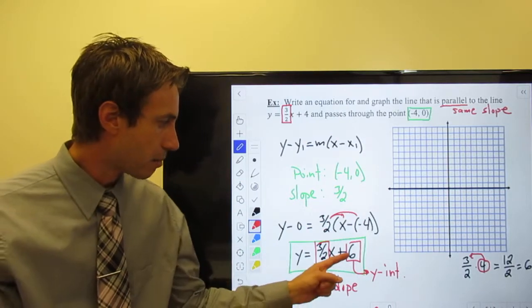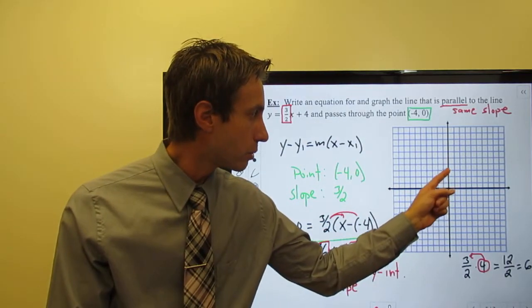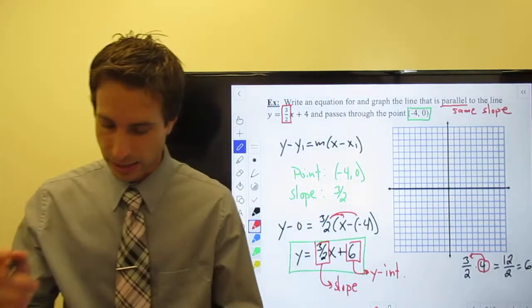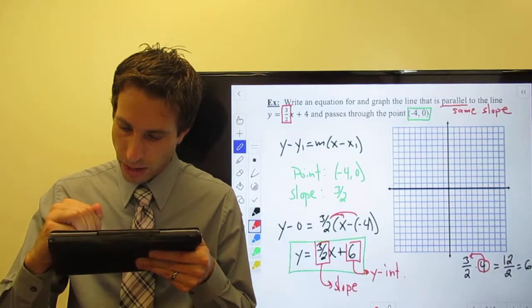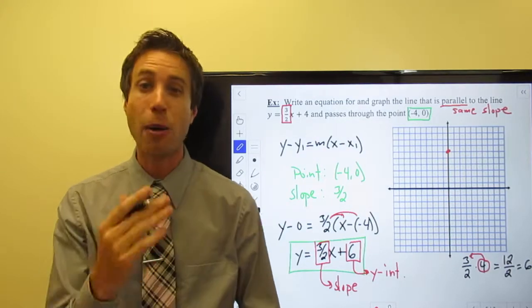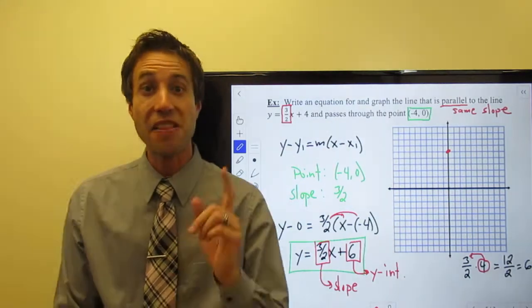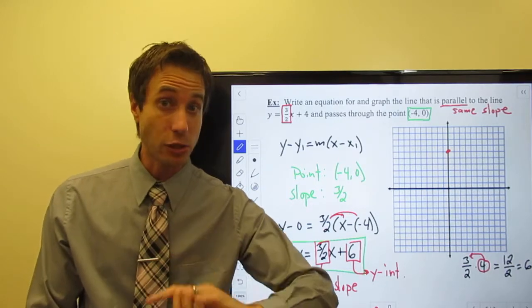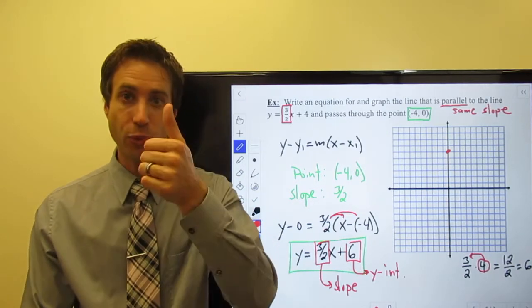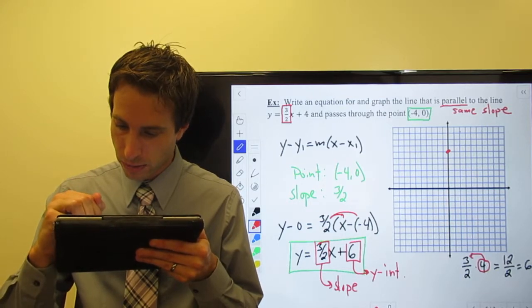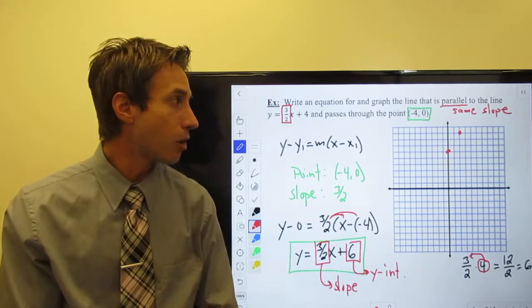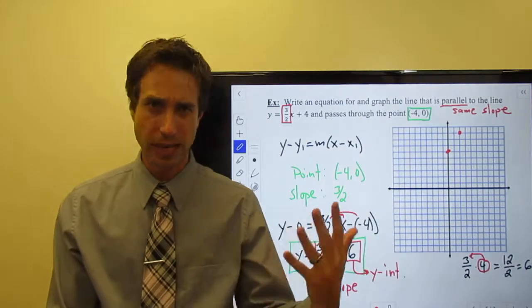Let's graph it. Plus 6: 1, 2, 3, 4, 5, 6. My y-intercept is at positive 6, right there. Now, my slope is 3/2. That means rise over run, so up 3 and right 2. 1, 2, 3. Awesome. Well, now I'm all out of space.